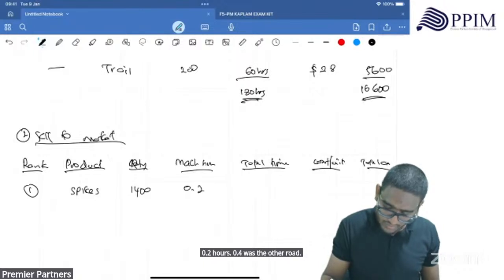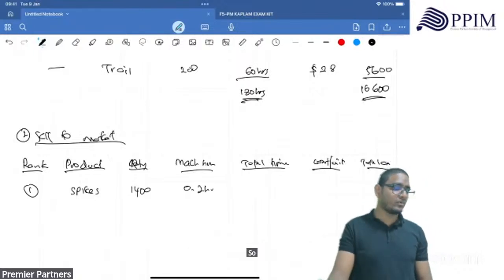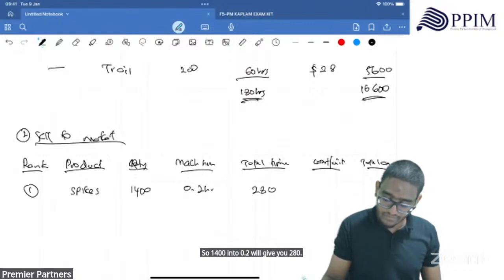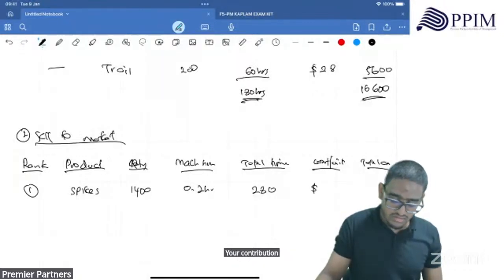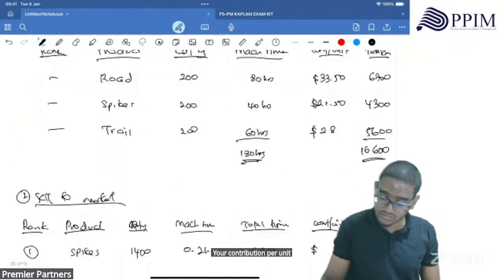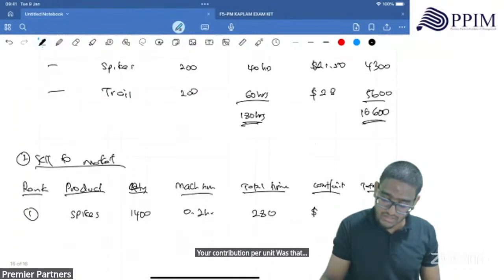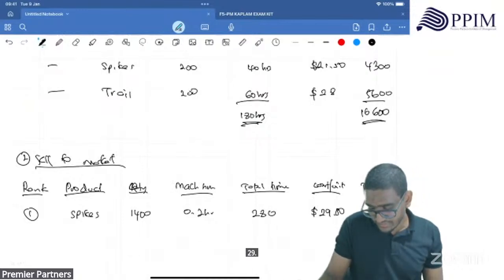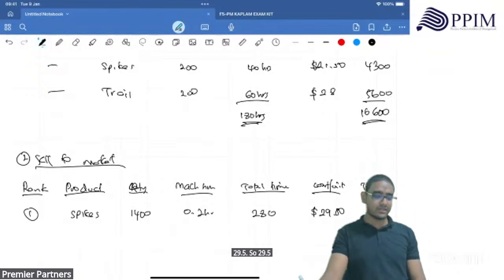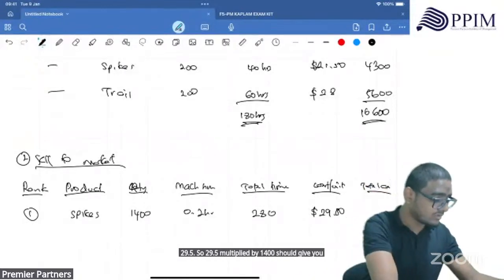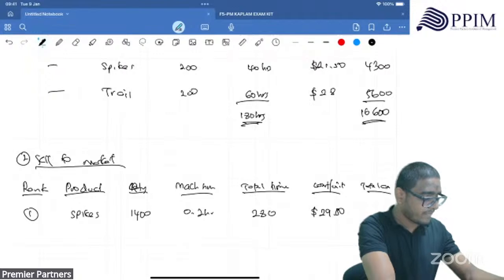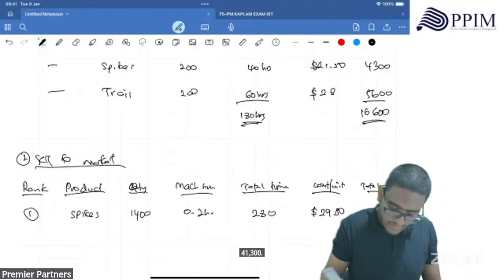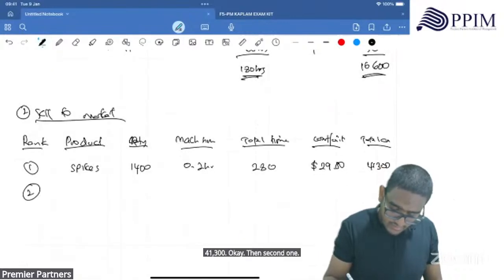So 1,400 into 0.2 will give you 280 hours. The contribution per unit was 29.5. So 29.5 multiplied by 1,400 should give you 41,300.